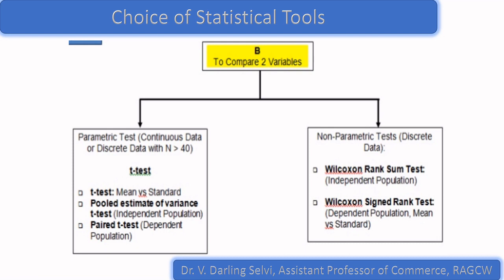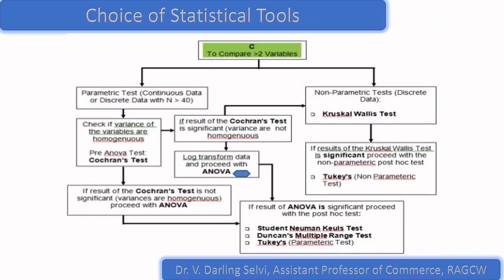So we know the meaning of what is dependent and what is independent. Accordingly, we can apply this test. In the same way, for the t-test, mean and standard deviation, descriptive data is also available here. And then the pooled estimate of variance, t-test for independent populations, and the paired t-test is applicable for dependent populations.